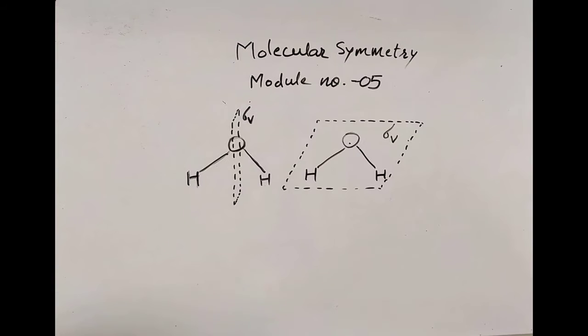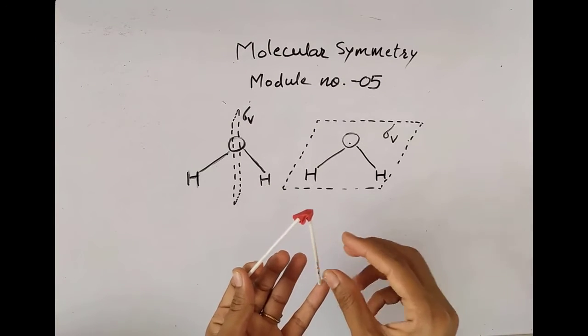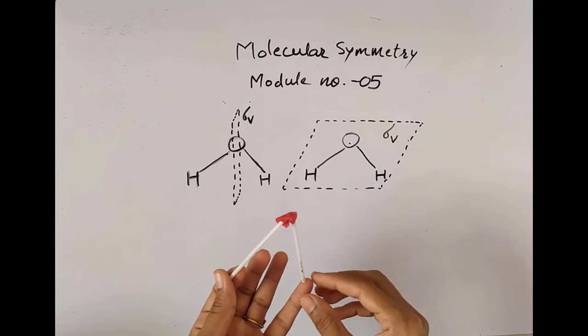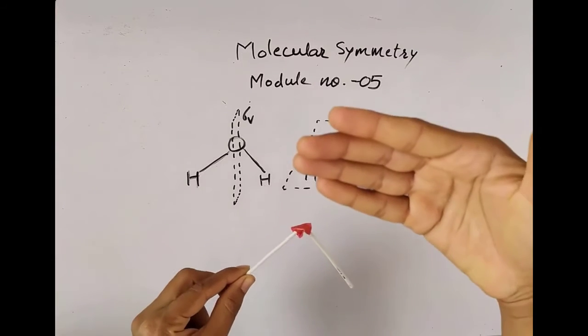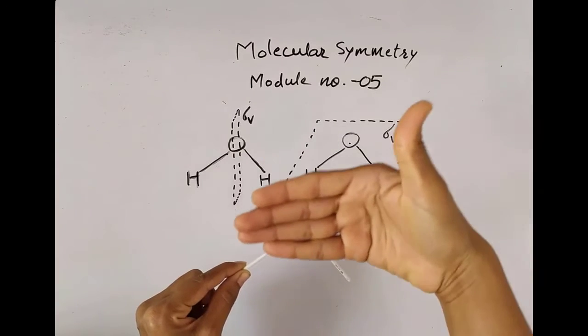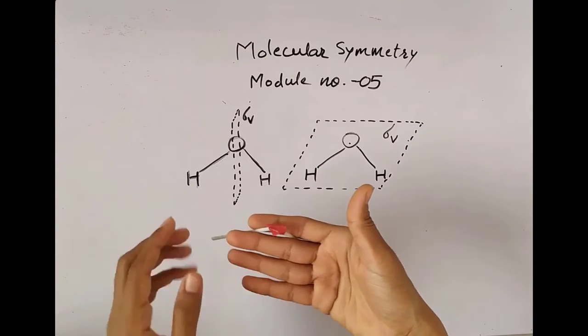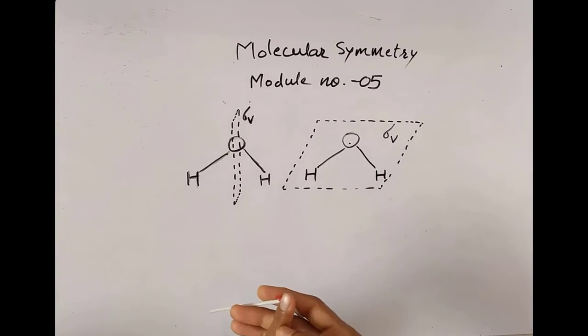If you are still unable to understand it completely, then try to prepare a small model of a water molecule. You can use 3 small balls and join them by sticks or any way you can, and then try to divide that molecule into equal halves by passing the plane like this and like this, and then simultaneously pass the principal axis also, and then determine whether the plane and axis are perpendicular or parallel to each other.